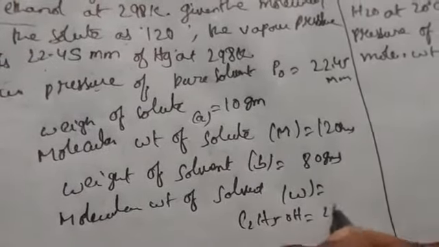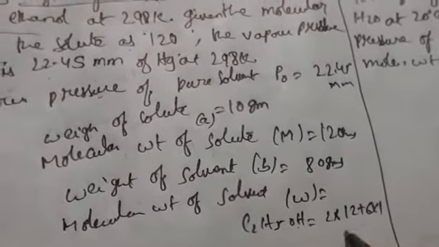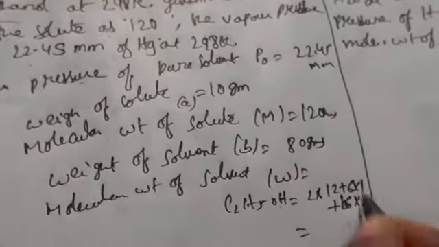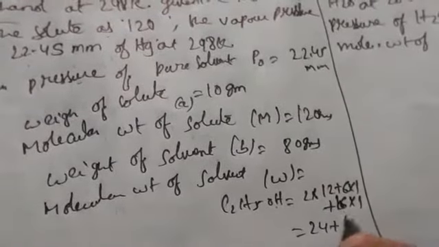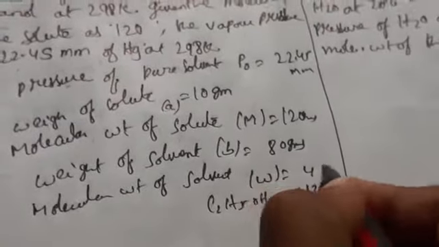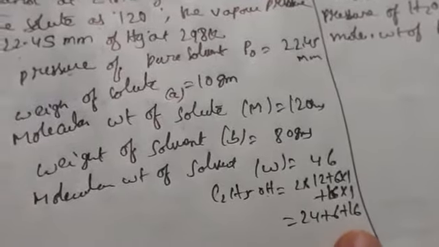How will you find it? 2 into 12, plus 6 into 1, plus oxygen 16 into 1. So 12 2s are 24, 6 plus 16. So how much are you getting here? 46. Okay. So this is 46.